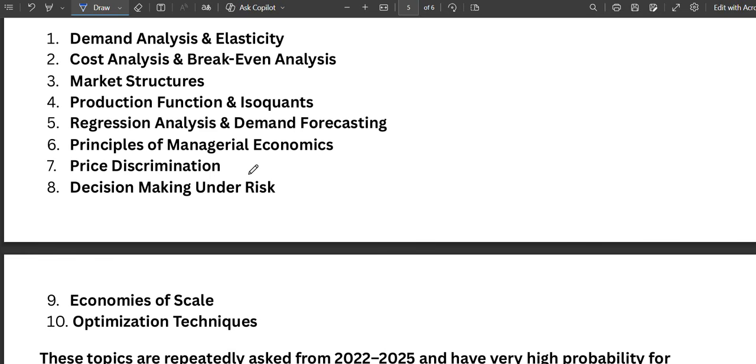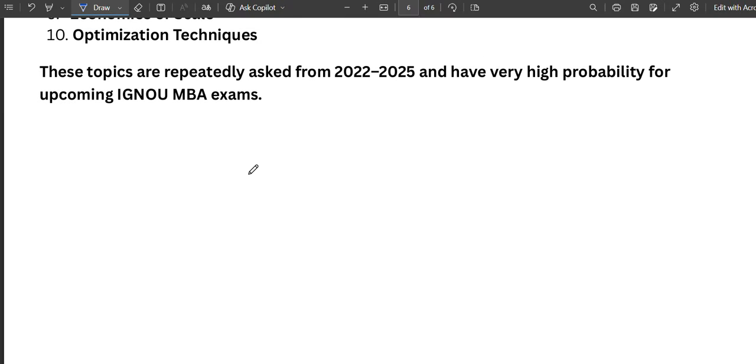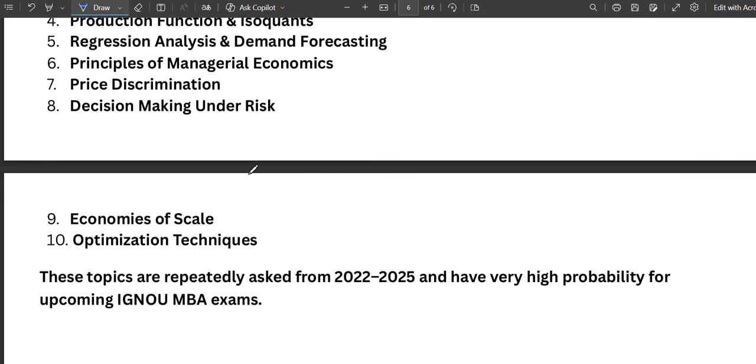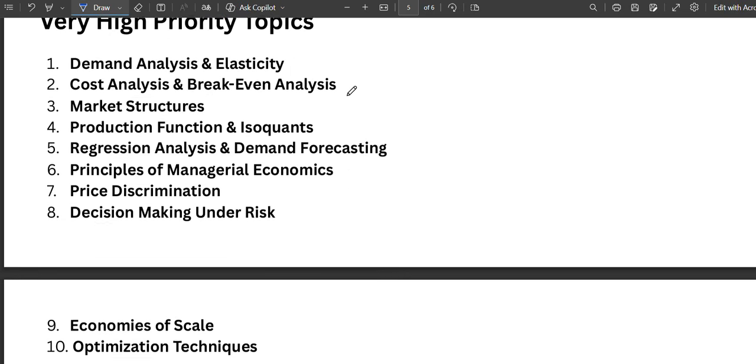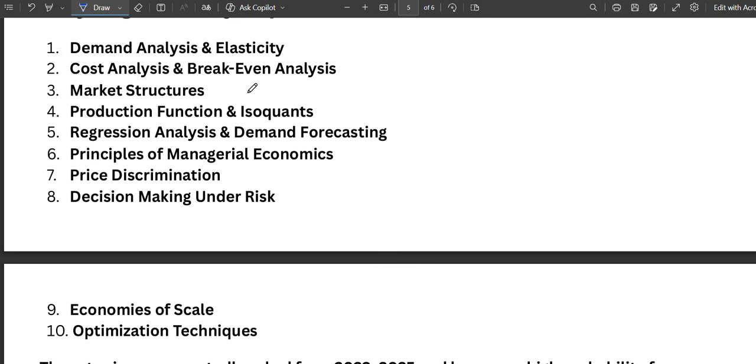These topics have been repeatedly asked from 2020 to 2025, and these questions have very high probability for the upcoming second semester MBA exam. So please make sure that you at least learn these topics and go for the exams.